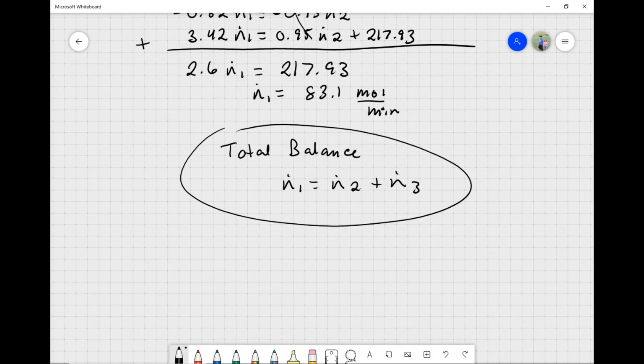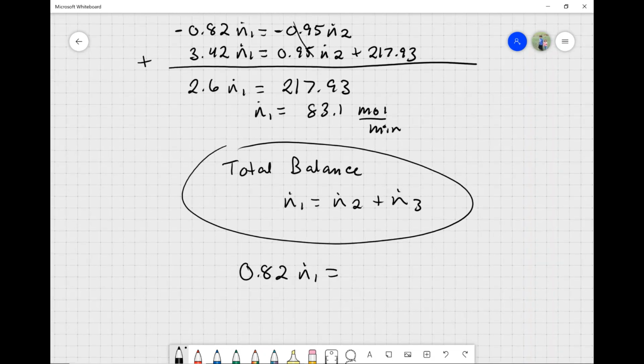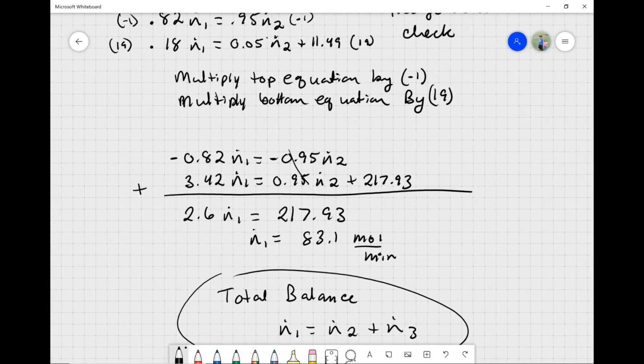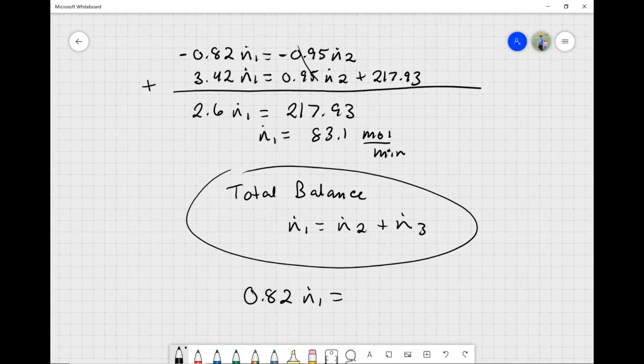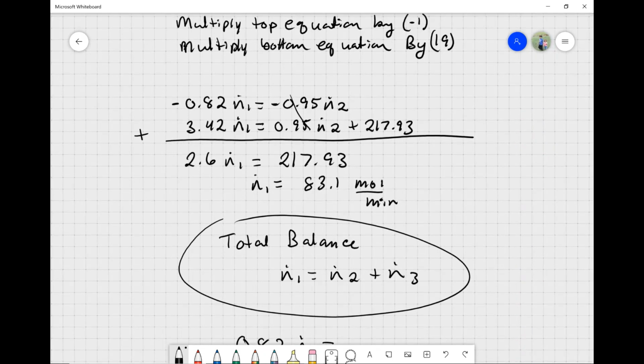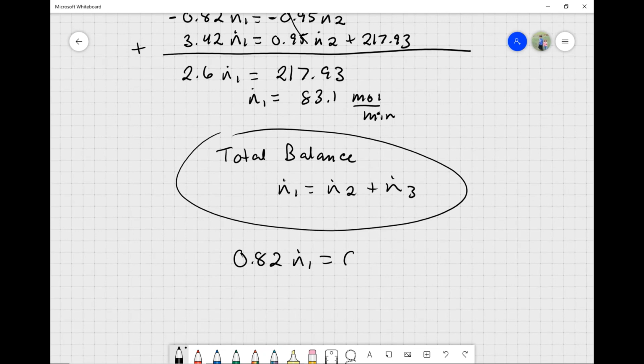So we can just plug it back in. I can plug it into either one, right? 0.82 N1 equals 0.95 N2.